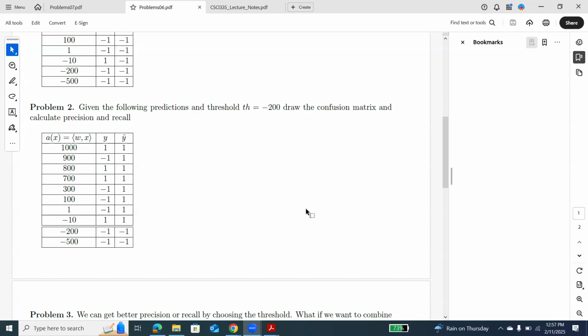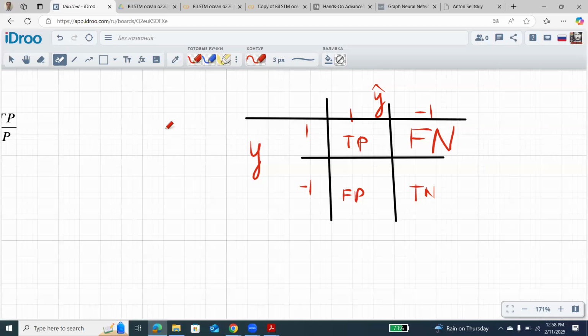Okay, so now let's talk about the main metrics, which are precision, recall, and F1 score.